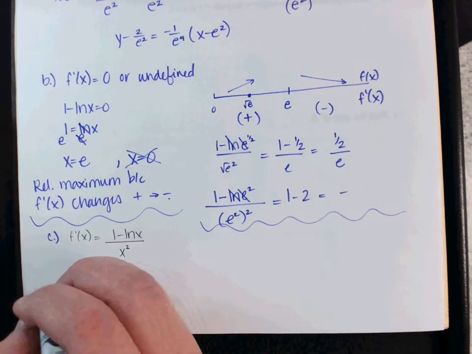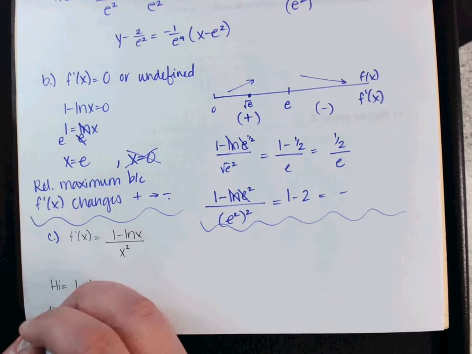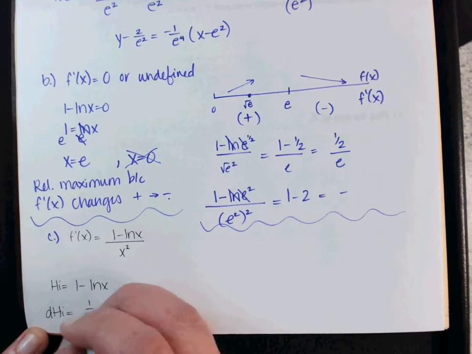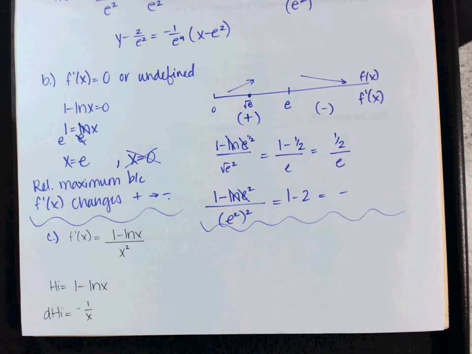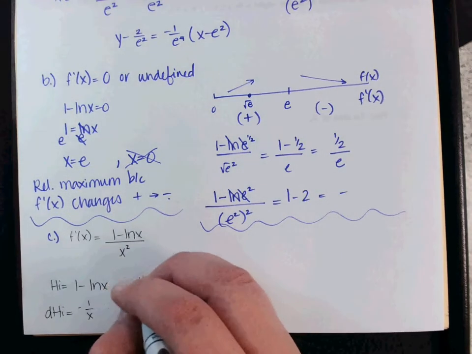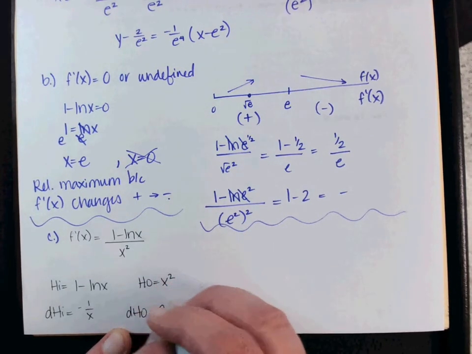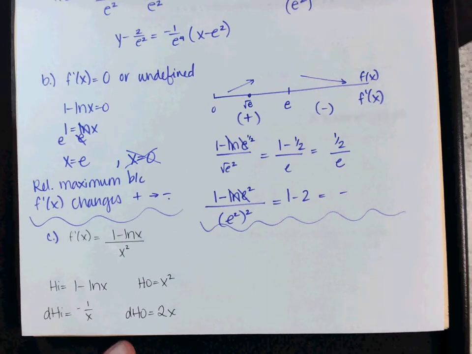Okay, so if your high is 1 minus ln x, what's the derivative of that? Negative 1 over x. Good. Remember, ln derivative is 1 over x. Okay, then your ho is x squared. Then the d ho is 2x. And then remember that you don't have to simplify your work, but if you're having to find a point of inflection, there's a certain amount of simplifying you're going to have to do to be able to find that.